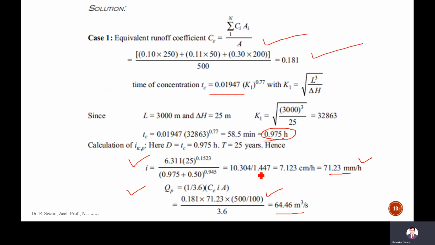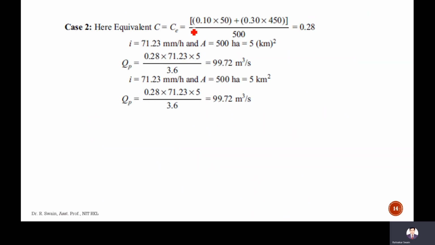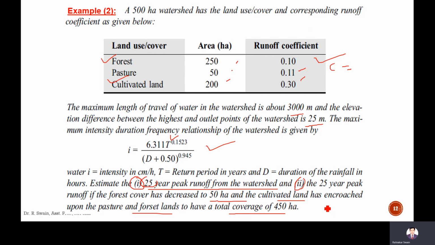Now again in the second part you can determine C: 0.1 for the forest land into 50, and 0.3 for the 450 of cultivated land including the pasture land.